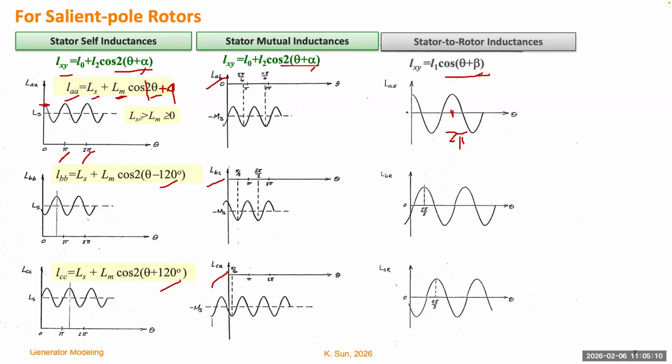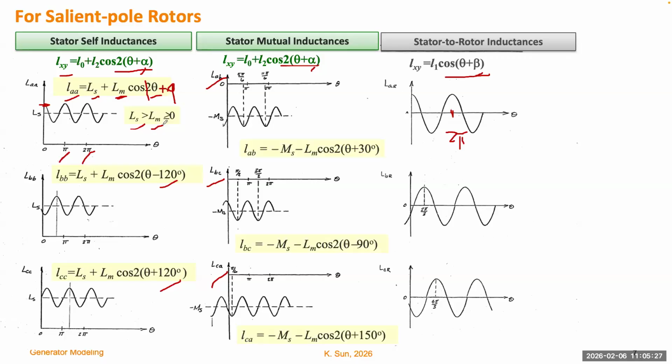Typically, this constant part is much bigger than the oscillatory part. So the inductances LAA, LBB, and LCC will always be positive. They will be above the real axis. For the stator mutual inductances, because that is about the inductance involving two windings separated by 120 degrees, their projection is always opposite, so their inductance will always be negative, right?